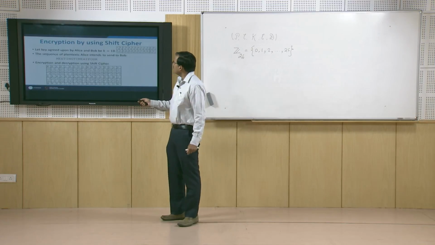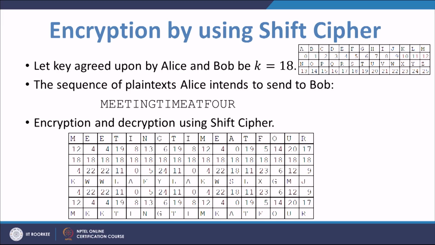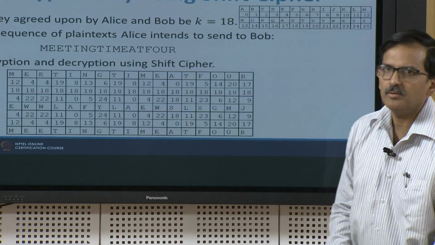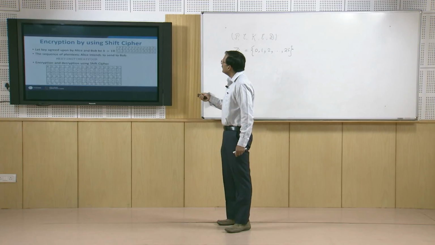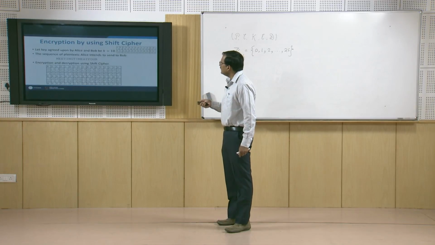Now, she takes these letters, meeting time at 4, and the first step is to encode them to numbers in Z mod 26. So, meeting: m is 12.